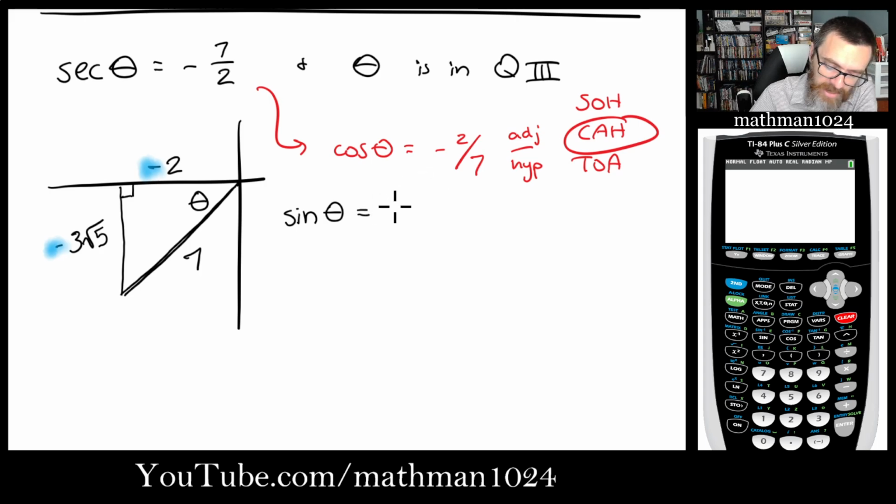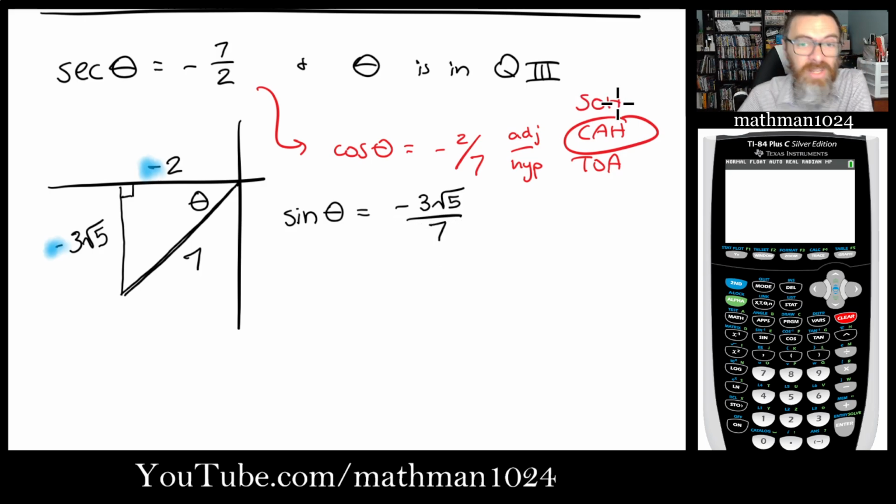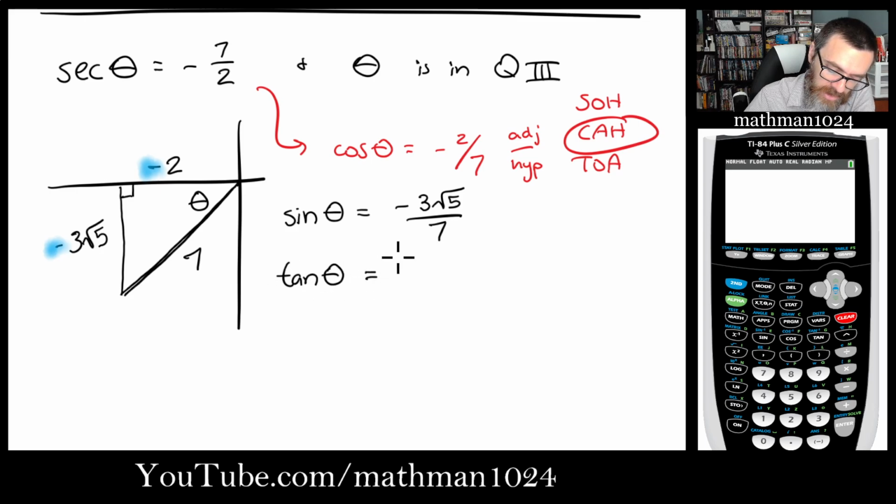So sine is supposed to be opposite, negative 3 square roots of 5, divided by the hypotenuse. That's the SOH part right here. Opposite over hypotenuse. And then tangent is opposite, negative 3 square roots of 5, over adjacent, negative 2. And again, pay attention to your signs.